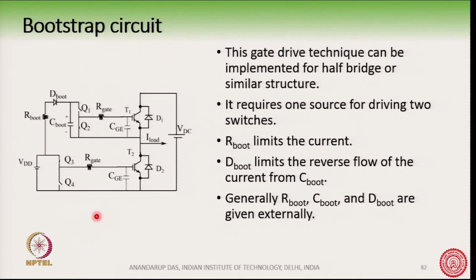What you have to give externally is this R boot, D boot and C boot, these resistance, diode and capacitance, these three elements, and along with that, if you want, you can give this R gate externally also. Many ICs are coming up with Q1, Q2, Q3, Q4 already given to you. So, let us first see how this circuit operates.